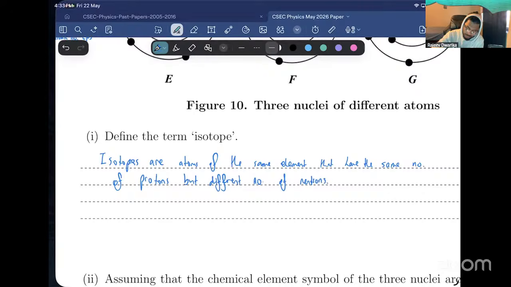So in other words, the atomic number is going to be the same. So atomic number will be the same. What would be different? Mass number.